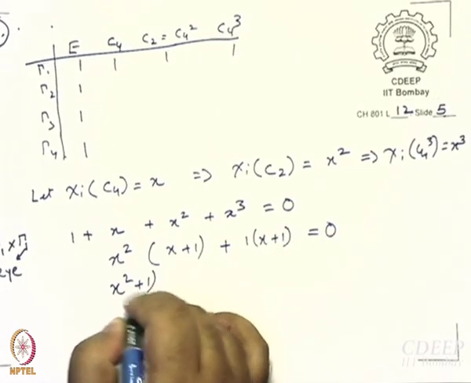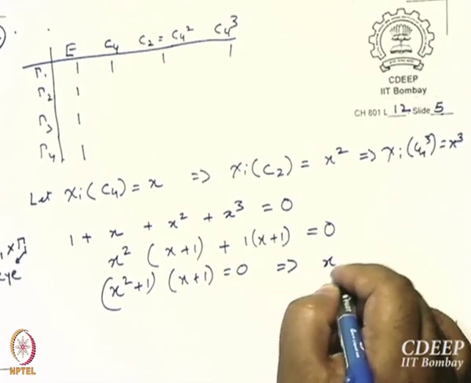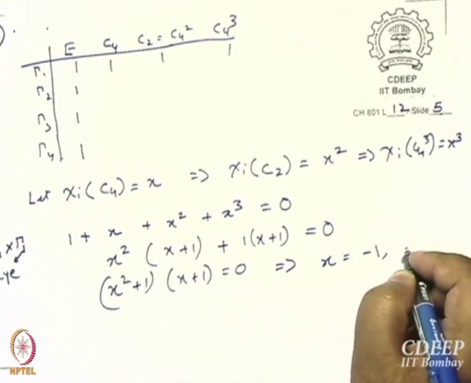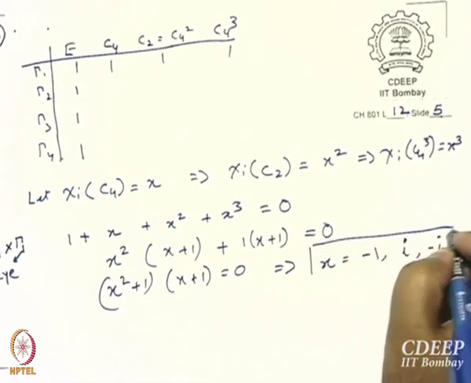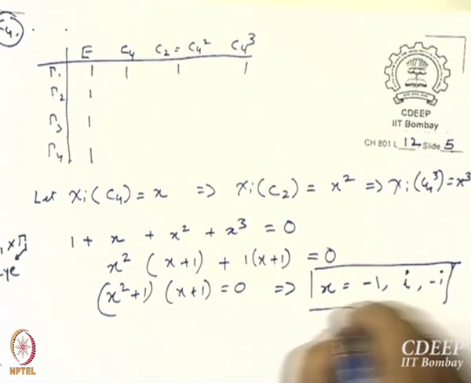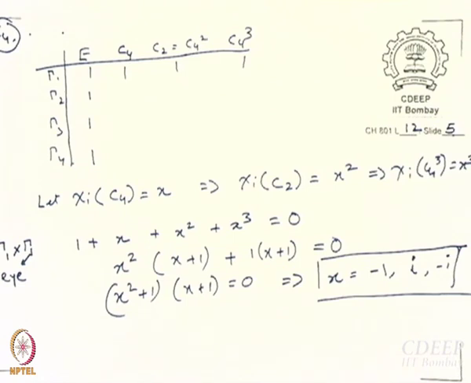So x square plus 1 multiplied by x plus 1 equal to 0 implies that x is equal to minus 1, I, minus I. Actually, it's a little confusing maybe, because here we have I and there we have I, but this I is not the same as that I, right? Not only am I different from you, this I is also different from the other I. What is this I? Iota. And what is iota? Square root of minus 1.